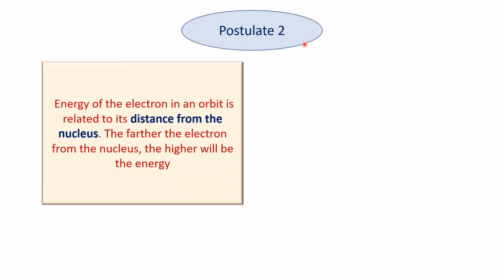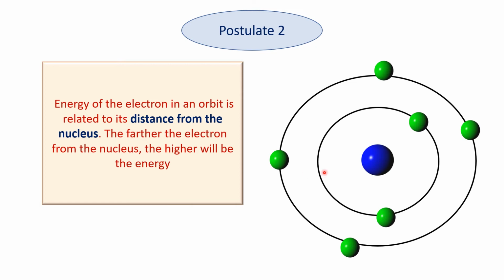Postulate 2 is about the energy of the electron in an orbit, which is related to the distance from the nucleus. Here is the nucleus and the energy levels are given. The energy level located near the nucleus has less energy, and the energy levels farther from the nucleus possess high energy.